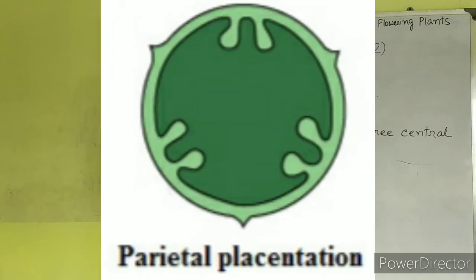Next is parietal placentation. In parietal placentation, the ovules develop on the inner wall of the ovary or on its peripheral part. The ovary is one-chambered, but it becomes two-chambered due to the formation of a false septum, as in mustard and argemone.